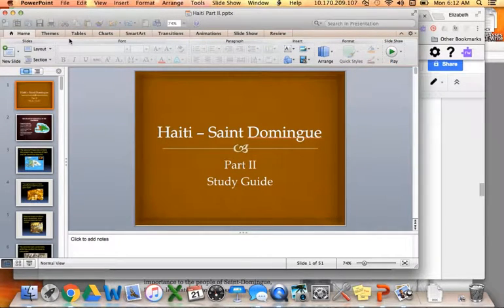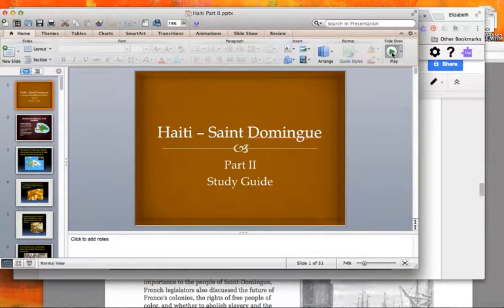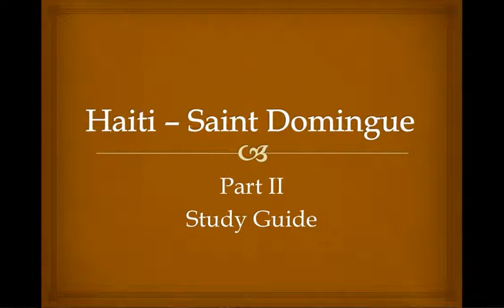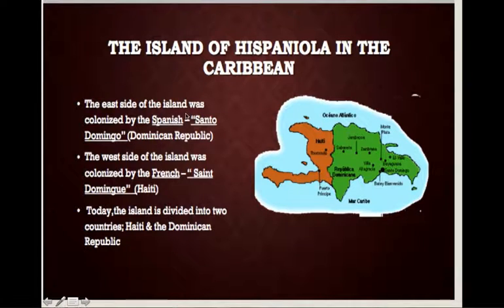And let's just start, to get, again, a better idea. So right here is the map, and the green side, which is the east side of Hispaniola, is today the Dominican Republic. So this is where the Spanish came and set up a colony, and we have not learned too much about this colony at all.